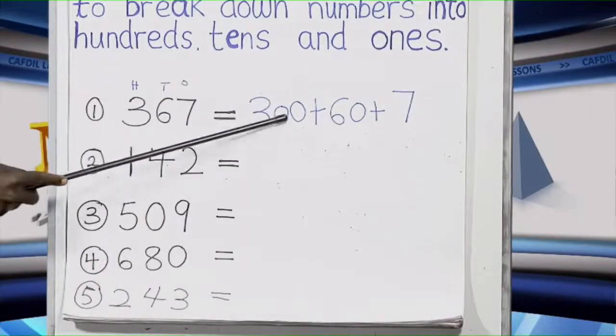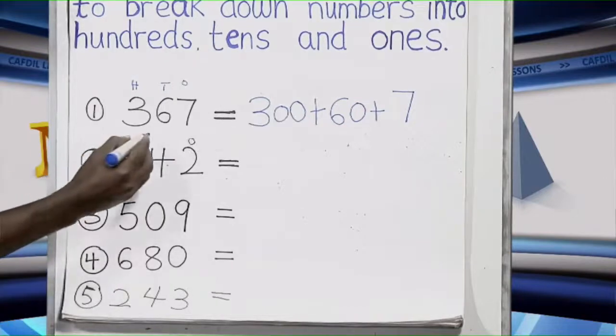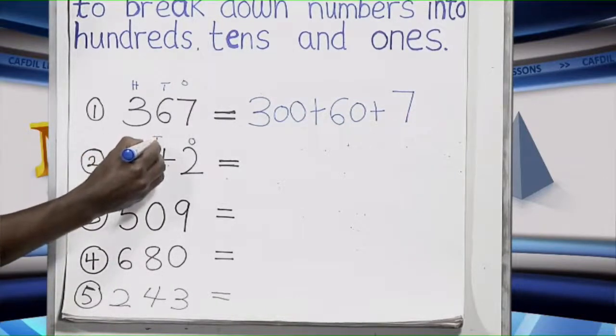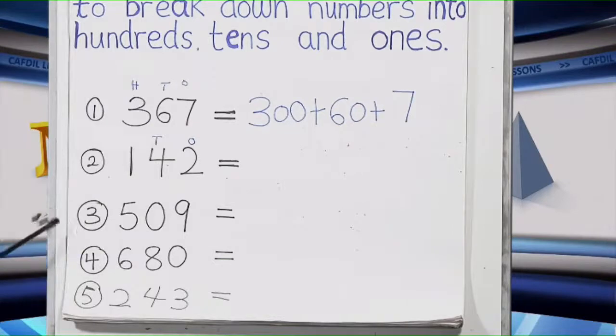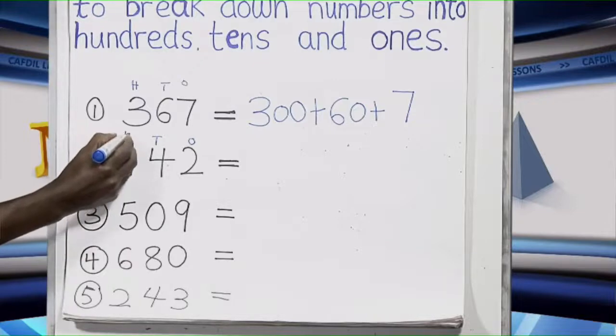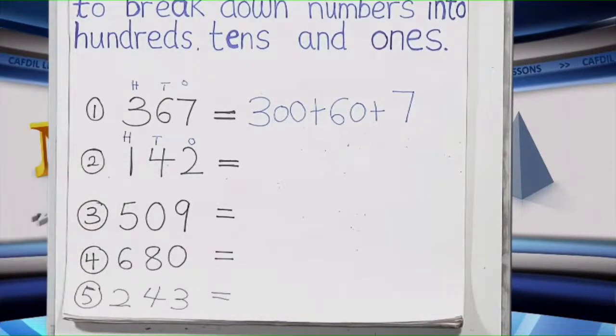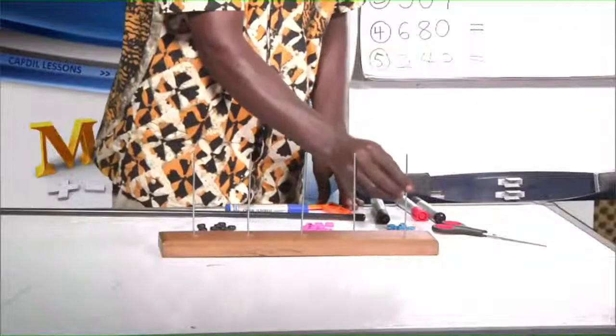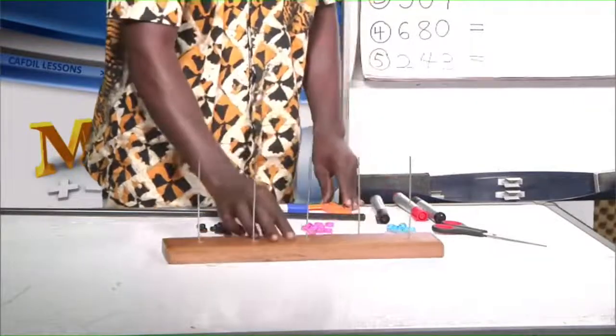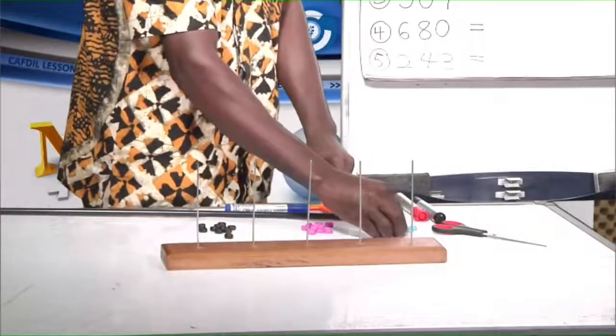We are going to show this on the abacus. So for the ones column, we have 2.